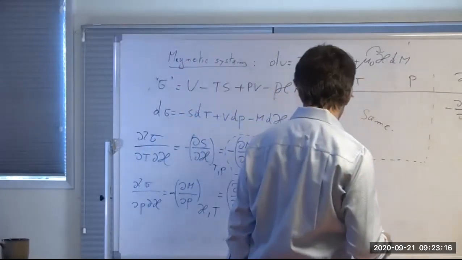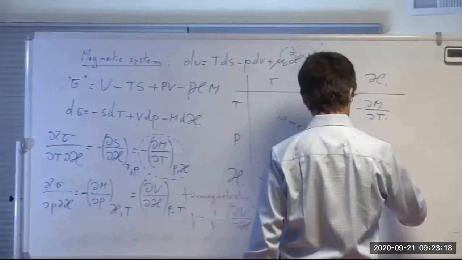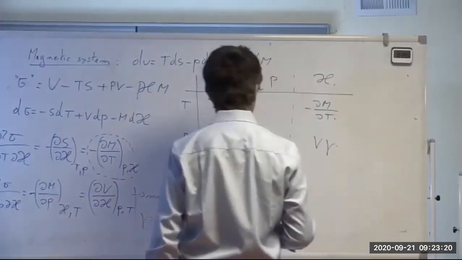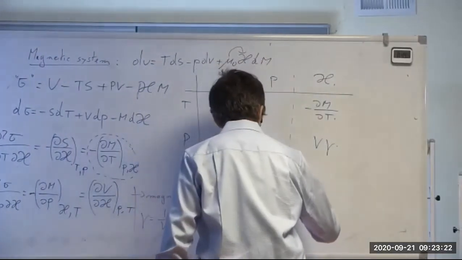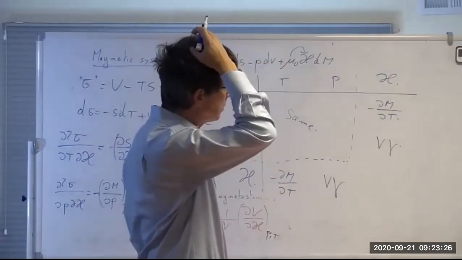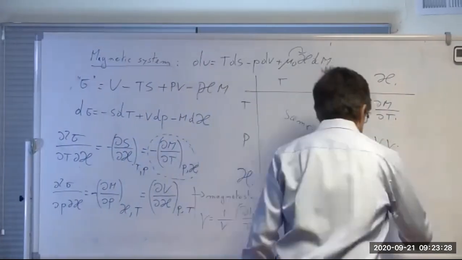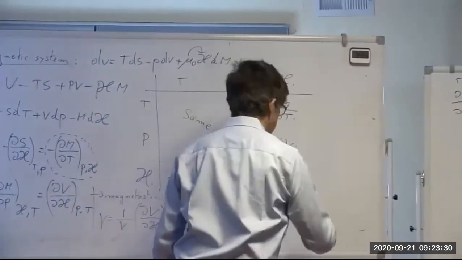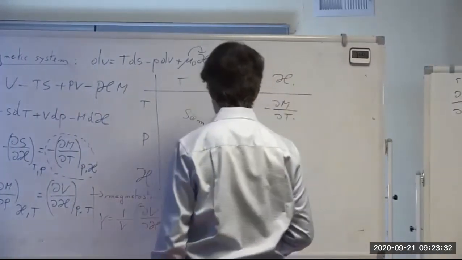So here I get V times gamma, and here I get V times gamma. And what do I get here? Here I get minus V times the susceptibility.